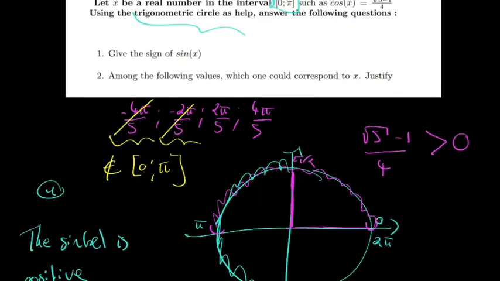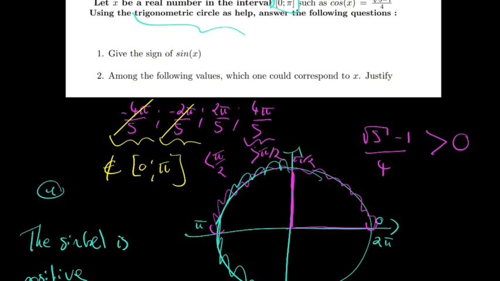What we want to see here is that we've got an angle that is lower than pi over 2, this angle, and this angle that is greater than pi over 2.